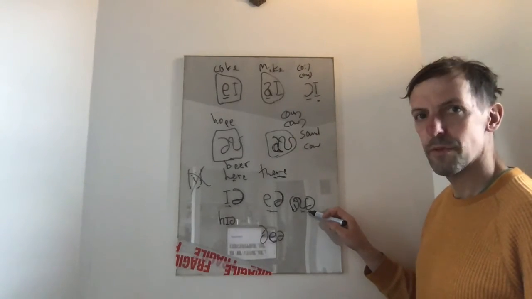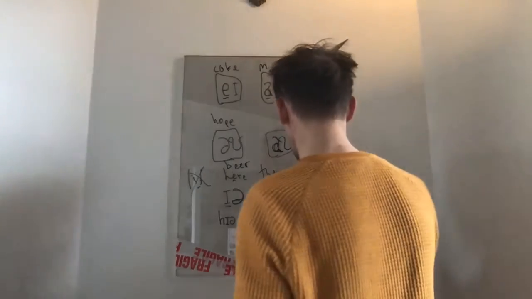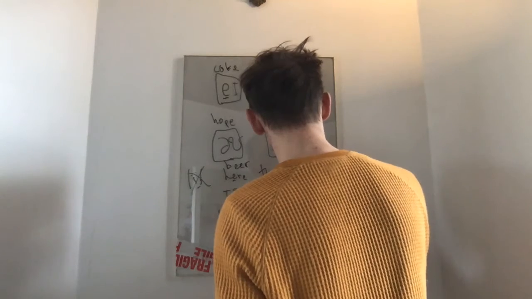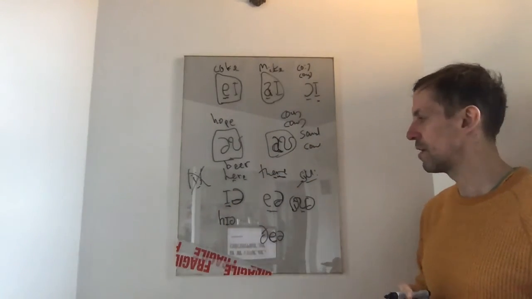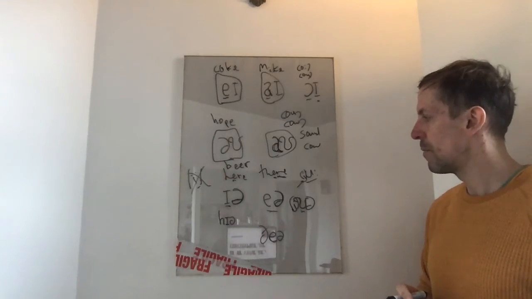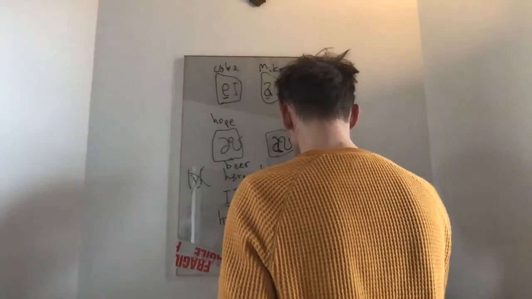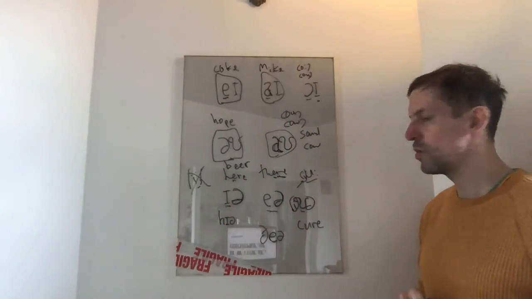Similarly, when we have the ua, it's difficult to say. I'm an American speaker, so I find it somewhat difficult. Here you might hear the long value for u, like "cute" or "mute." If we say a word like "cure," you can hear that.